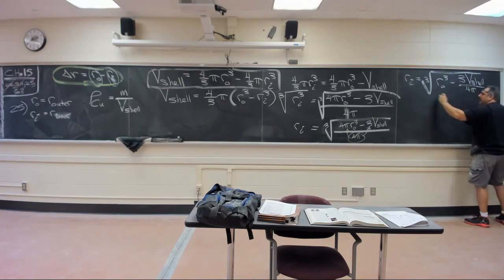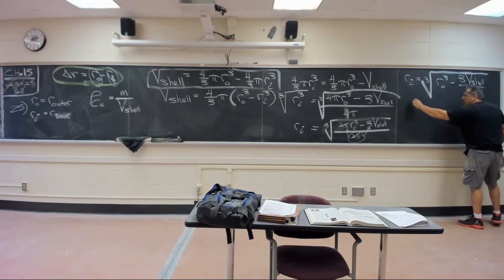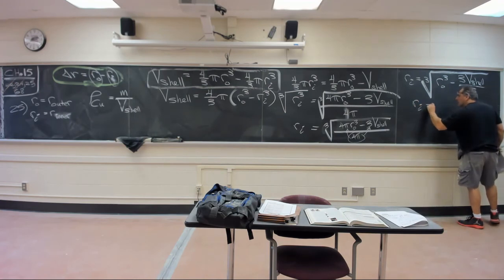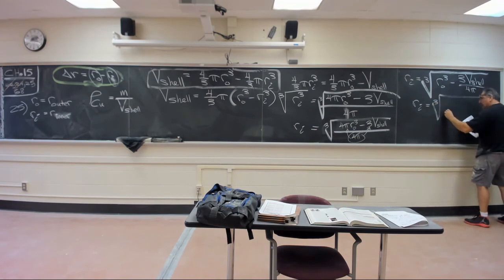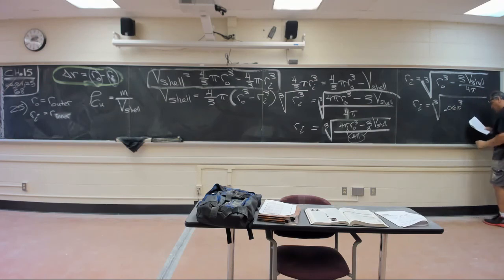over 4 pi, cube root, and this is 0.0610 minus 3 times 1.065 times 10 to the negative 4, divided by the product 4 pi.